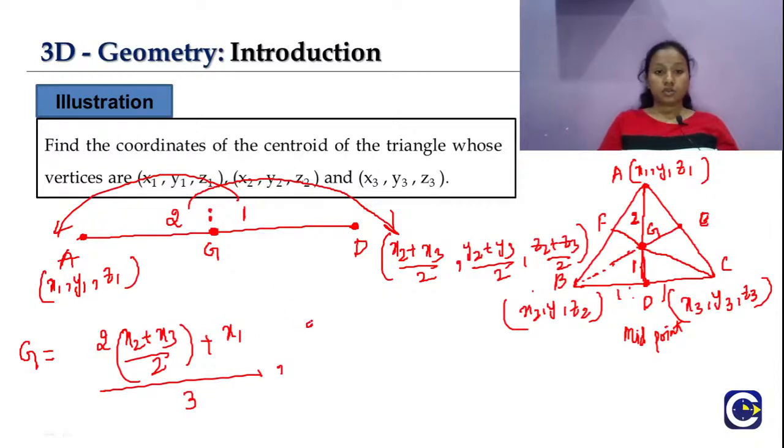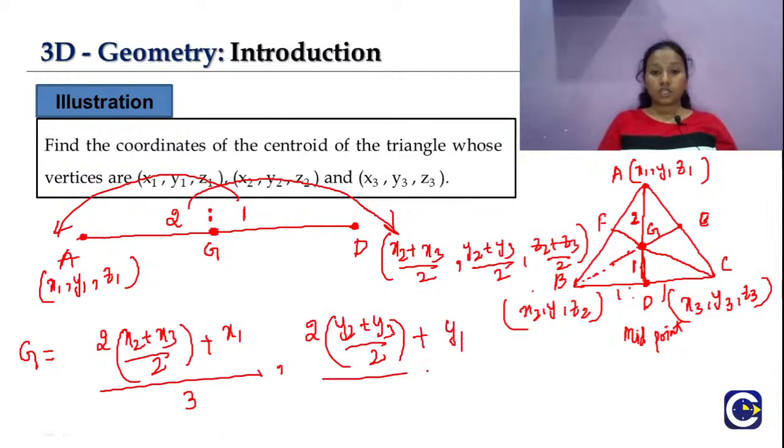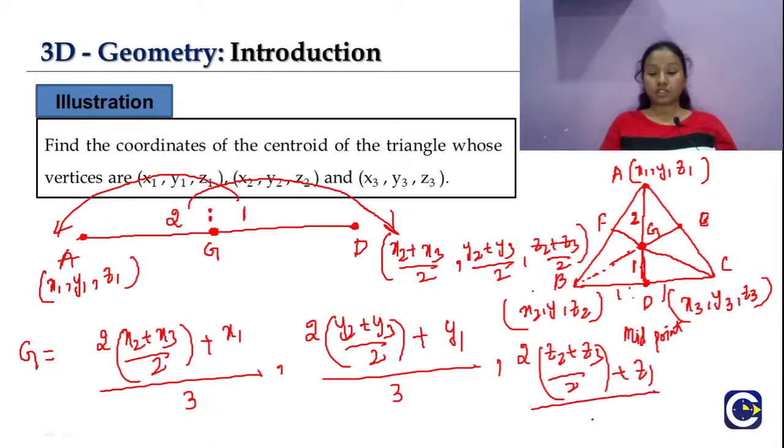And then 2 into (y2 plus y3) by 2, plus 1 into y1, divided by 2 plus 1, 3. And next for z, 2 into (z2 plus z3) by 2, plus z1, divided by 2 plus 1, 3.